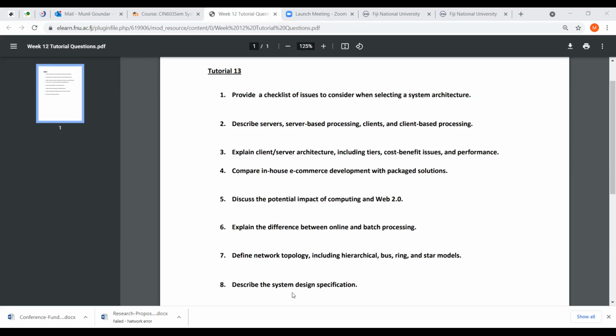Full stop. So server-based processing refers to terminals, which allows users to enter and access data from anywhere in the organization, regardless of where the centralized computer is located. Full stop.